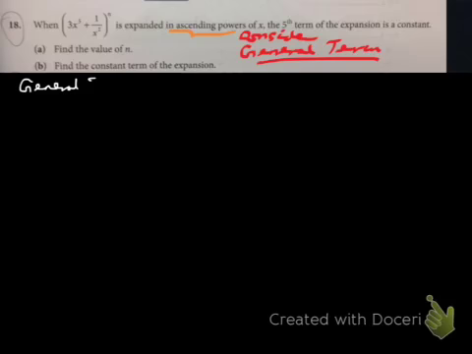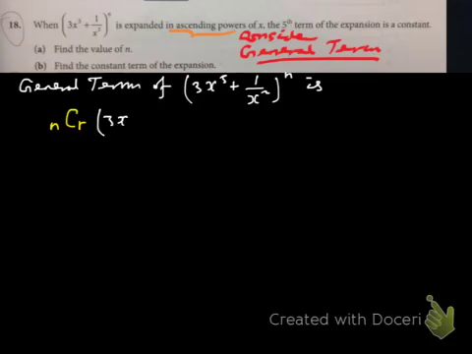Now you could expand this, or you could use a general term approach. So the general term for this. Now note here, I want to express this in ascending power.